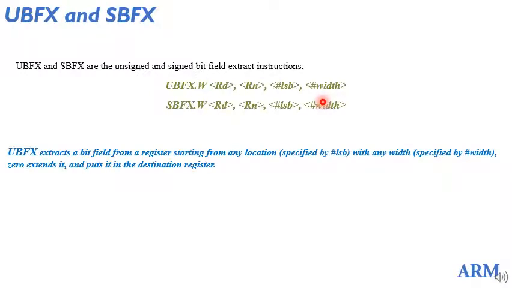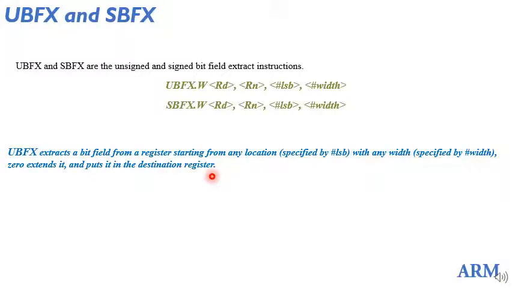So here the UBFX actually extracts a bit field from a register starting from any location specified by the LSB, with any width specified by #width, and zero extends it and puts it in the destination register.